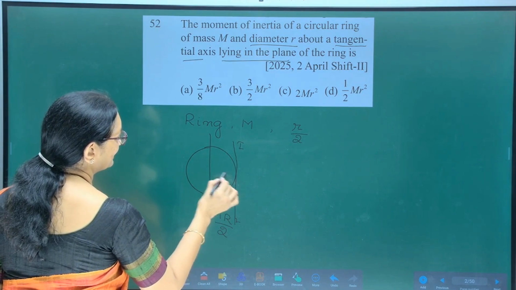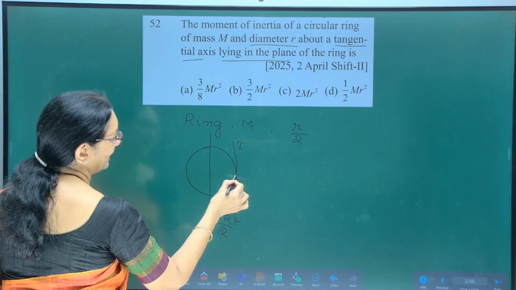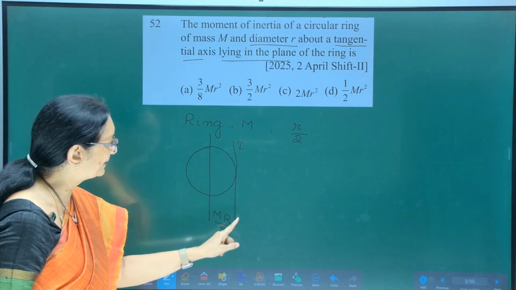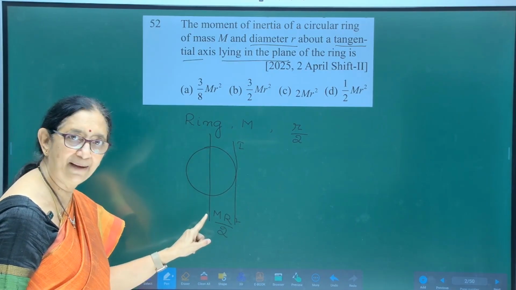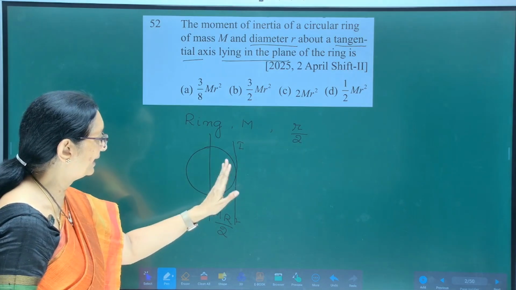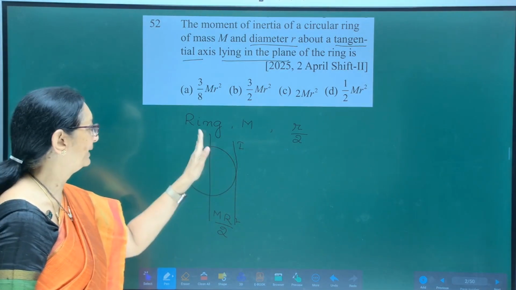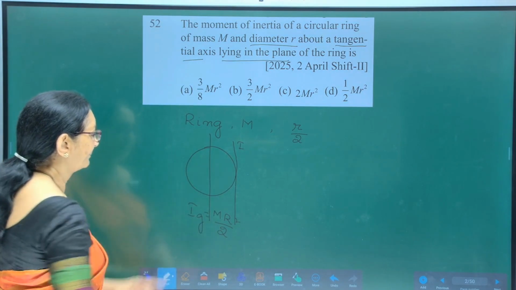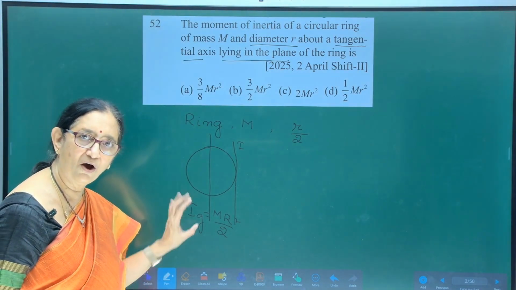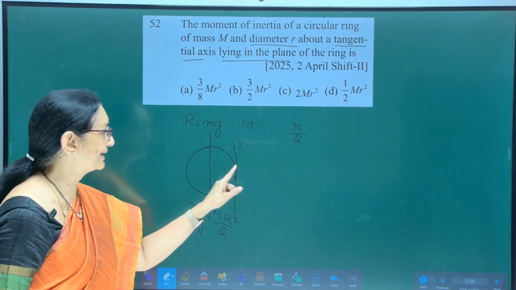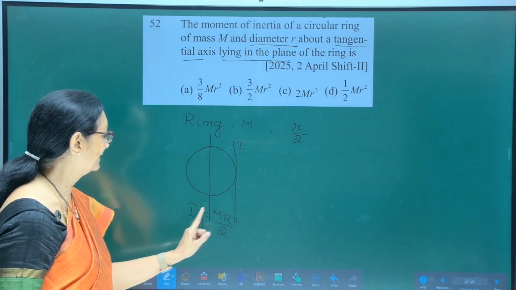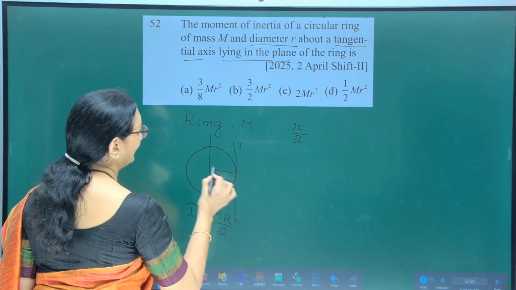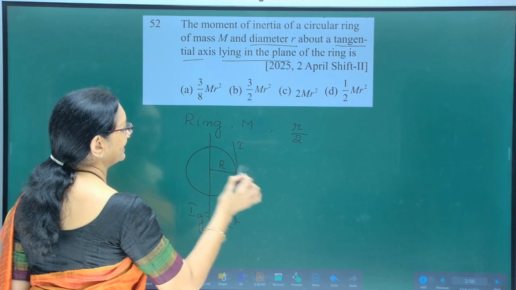From parallel axis theorem, we have to consider an axis parallel to the given axis. The axis parallel to the tangential axis is the diameter, right. So, the tangential axis in the plane is parallel to the diameter. The moment of inertia of the object about the axis parallel to the given axis is in this case mr square by 2, and the perpendicular distance between the two axes is r.